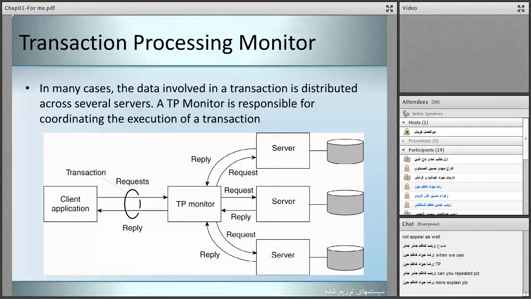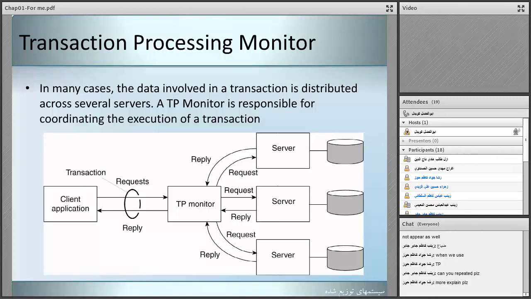More explanation. Okay. In a simple situation, suppose that we have one server and our database is entirely stored on this server. So all the transactions to modify the database go to this server. It's easy.